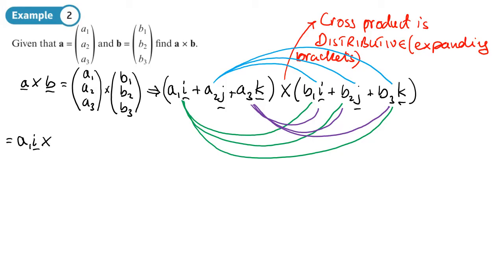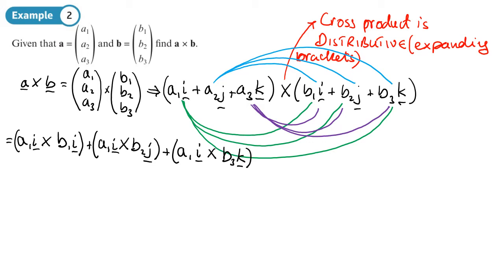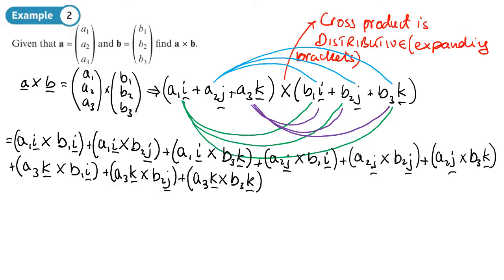So if I start with the first ones, I will get a1i cross b1i plus, so it's a bit like expanding brackets, a1i cross b2j plus a1i cross b3k. Right, so I'm going to pause it and then write down the other 6 you'll get.